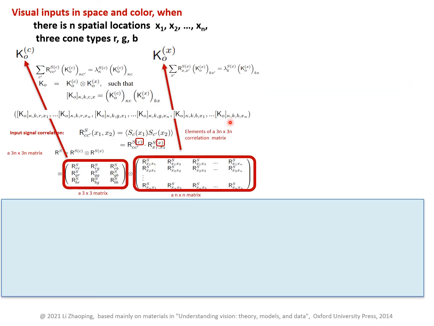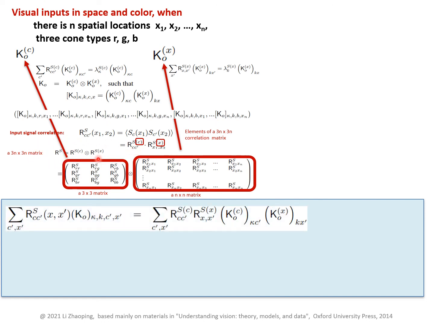Now let's show that this whole row vector is indeed an eigenvector of this whole correlation matrix in both space and color. Let's write it out. This whole correlation matrix is written this way in all its components, acting on this row vector. Remember, this correlation can be factored into a correlation factor in color and another correlation factor in space, as we have noted here.